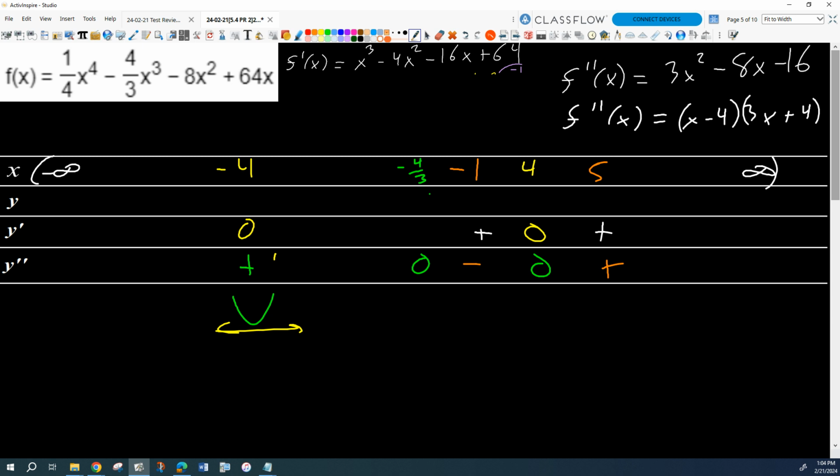Now we know the concavity is going from negative to positive, and that does tell me what's going on with the slope. If I've got a 0 first derivative, so I know I've got a horizontal tangent, and I'm going from negative concavity to positive concavity, then it has to look like that, doesn't it?